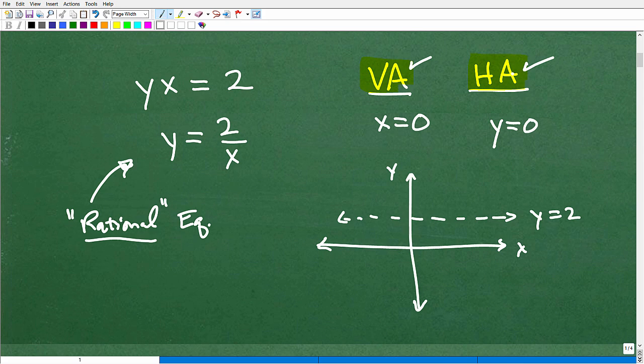But if you do have them, they're lines, but they're boundaries. They're boundary lines. The meaning of asymptotic behavior is that a graph will approach that asymptote, but never touch it, but it will get infinitely closer to it.